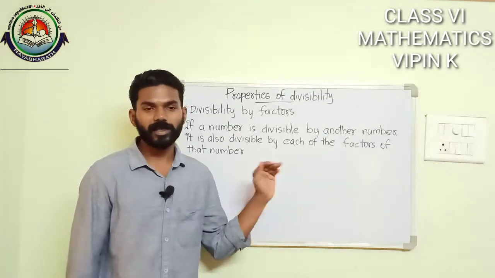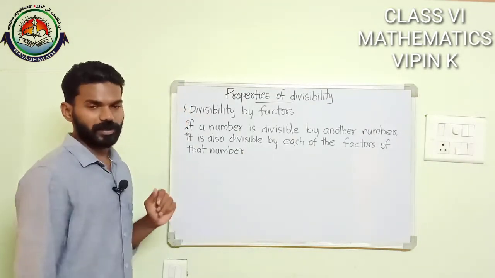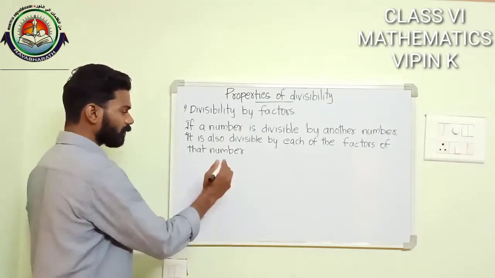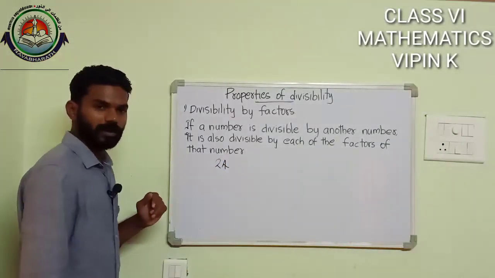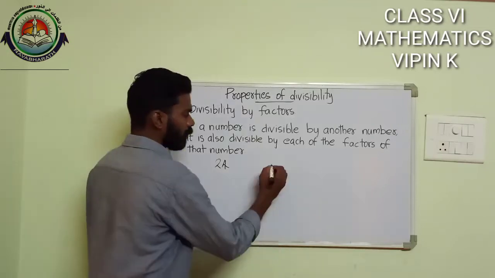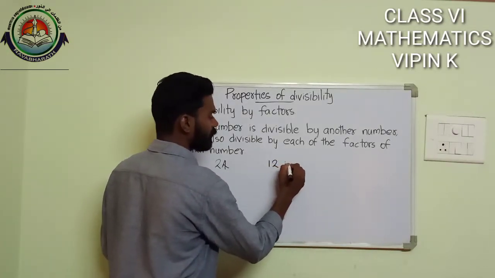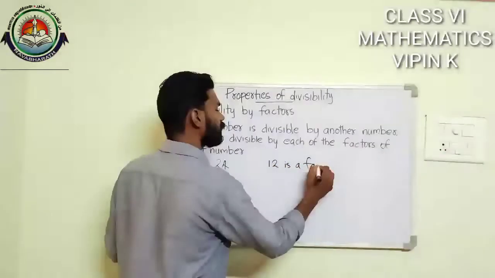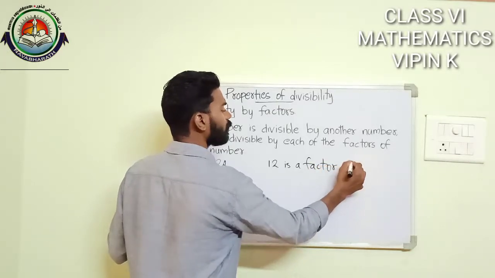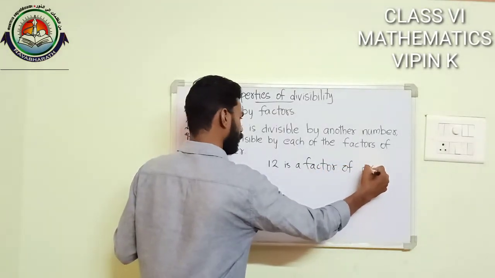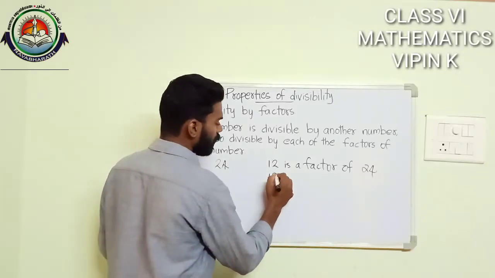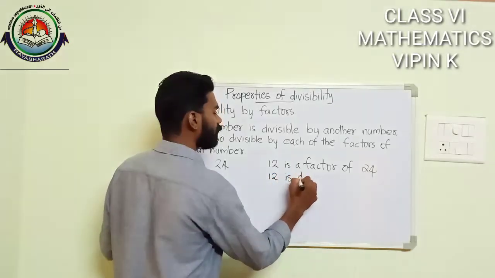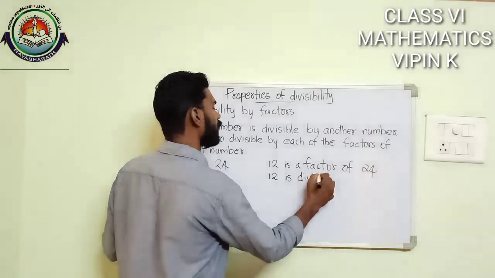So let's make it understood by taking an example. Suppose there is a number 24, and you know that 12 is a factor of 24.